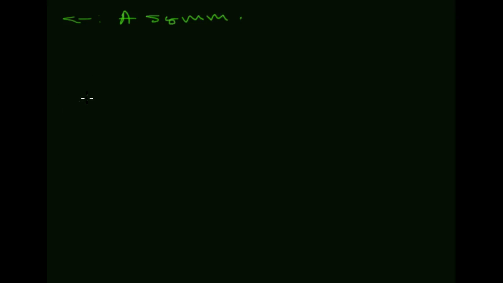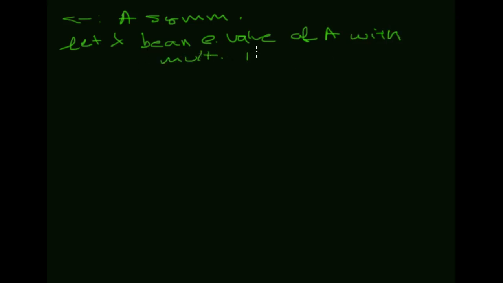If A is symmetric, then we're going to let lambda be an eigenvalue of A with multiplicity K. Because it's symmetric, this implies that lambda has K linearly independent eigenvectors associated with it.